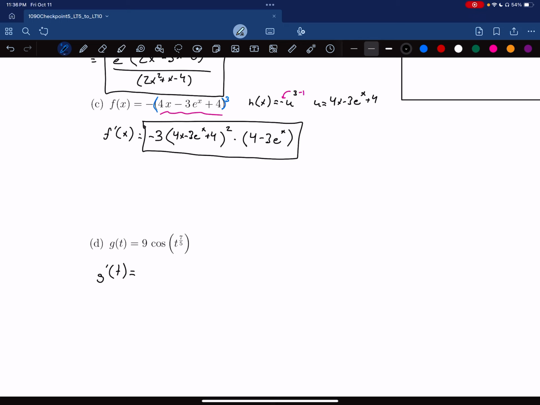The derivative in terms of t of cosine of something, like say u, is just equal to negative sine of u, where u is a function of t, times u prime. So considering that 9 is still there, we will have negative 9 sine, leaving this inside as the same.